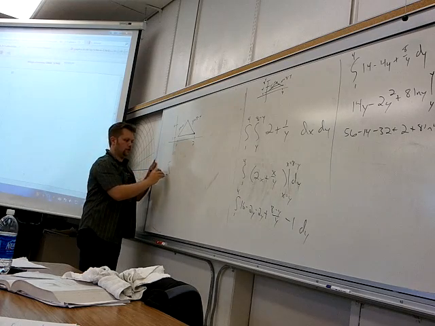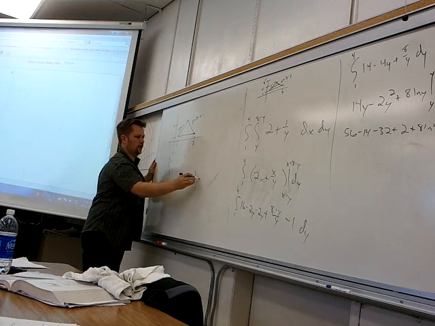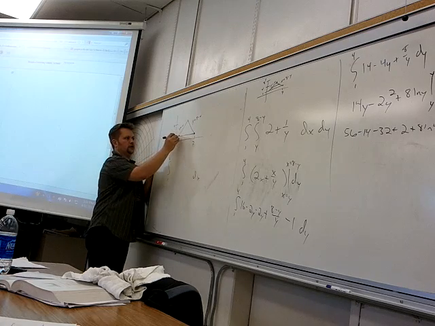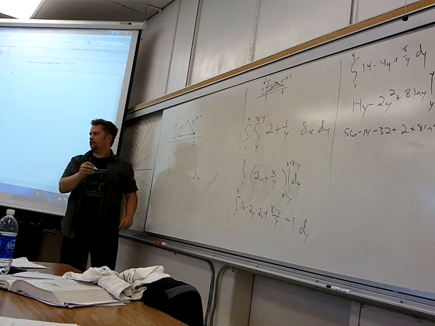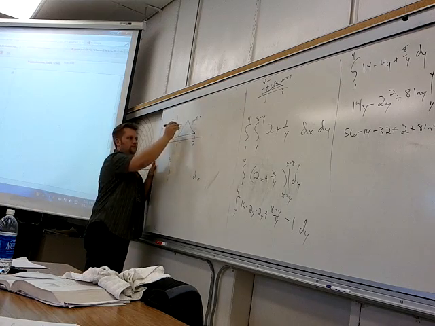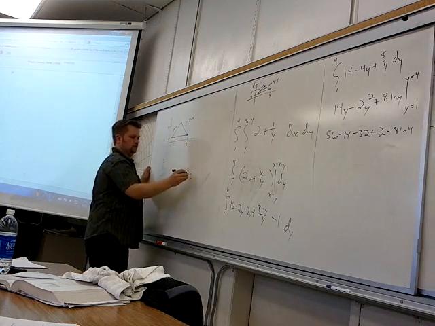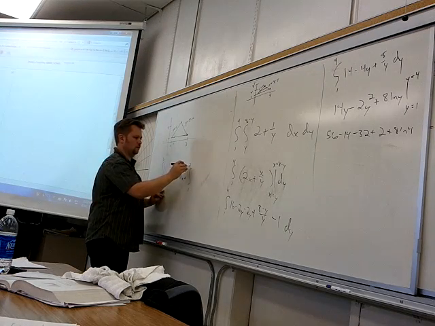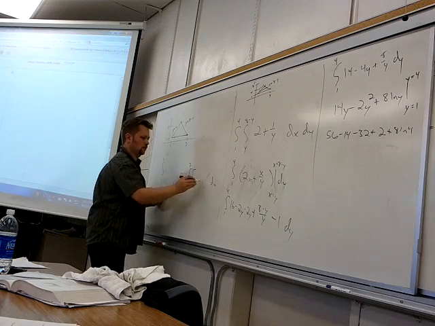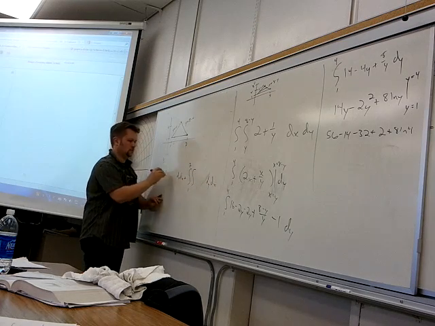So if I instead wanted to go 1 to 7 for x, so as x goes from 1 to 7, what does y do for some arbitrary value of x in there? What does y do?